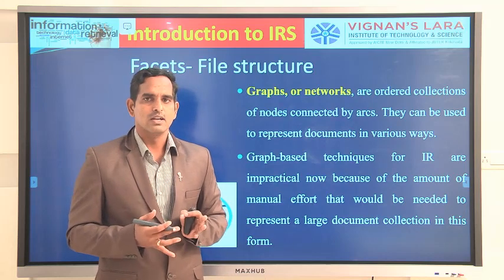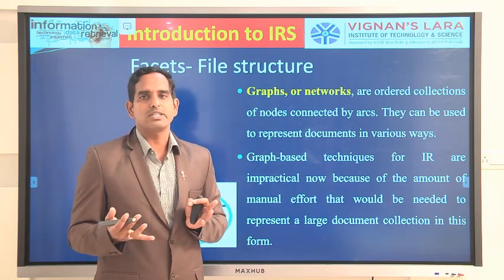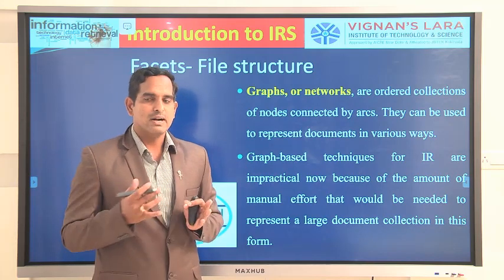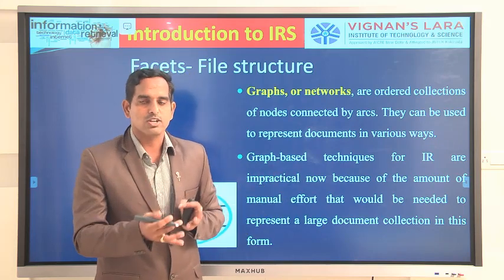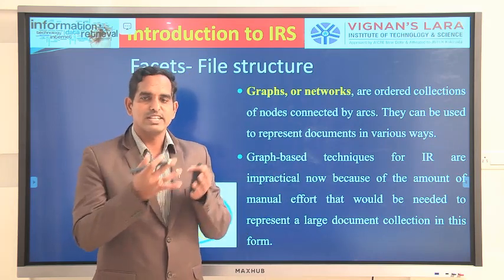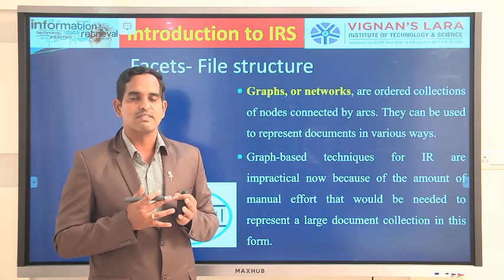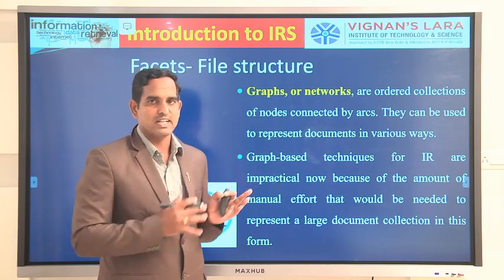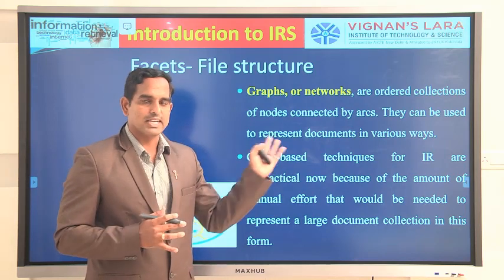This was an older approach to implementing an information retrieval system file structure using graphs, but the manual effort is very high to represent each and every document as a node, and to find the relationships and arcs between every document. That is a hectic process for implementing a file structure, which is why this has become impractical now.